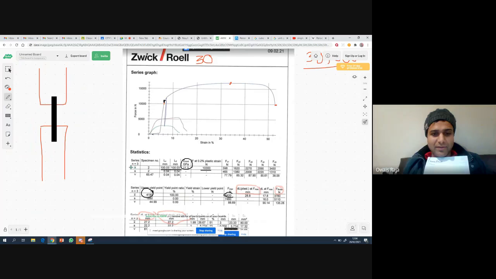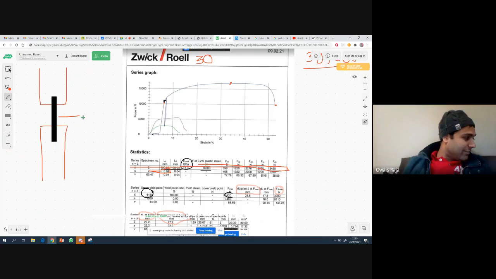This was okay, the first one, because 100. Here it says the length is 0.04. It was never 0.04. 0.04 is tiny. When I tested, it was that big. It was at least 100.